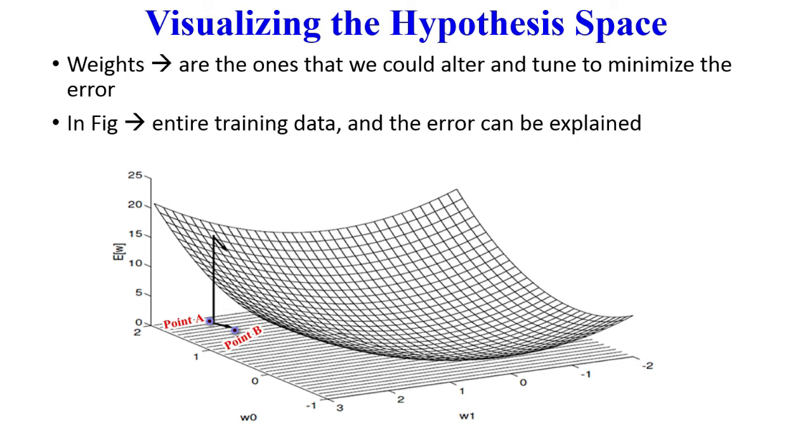How should we change W0 and W1 so that the error would reduce in the fastest way? What is the direction of this steepest descent in error?